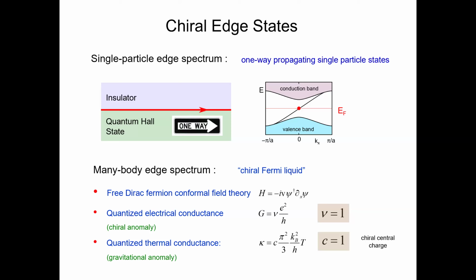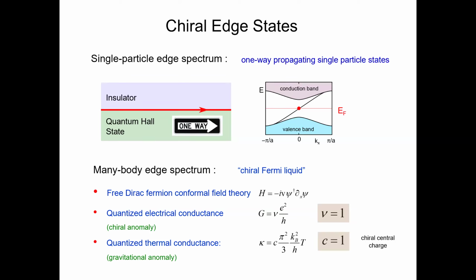These states have a positive group velocity. They're the states that form this chiral Dirac fermion. And of course you can't get rid of these, because you can imagine changing the detailed dispersion of this edge state, but there's no way you can get rid of it, because it has to connect the valence band to the conduction band. So that's the single particle spectrum.